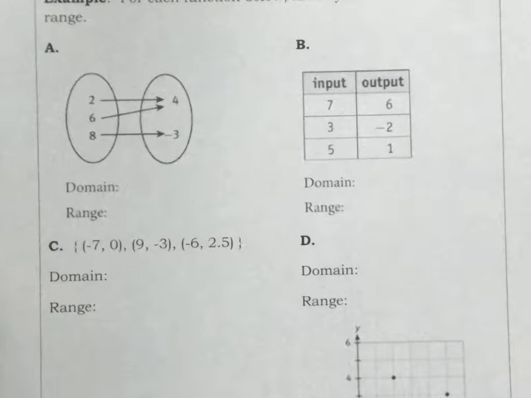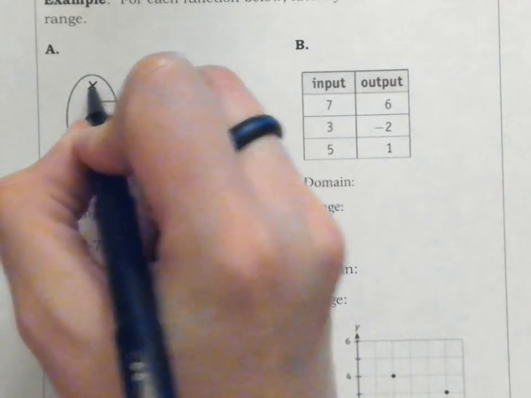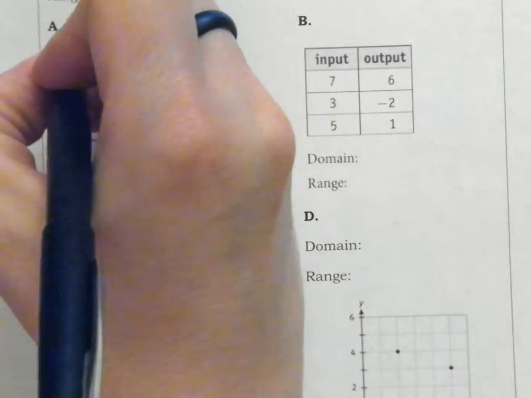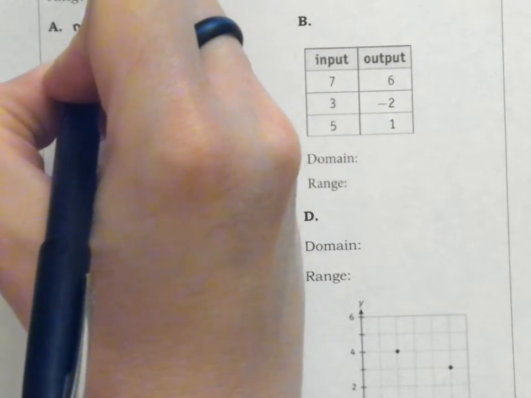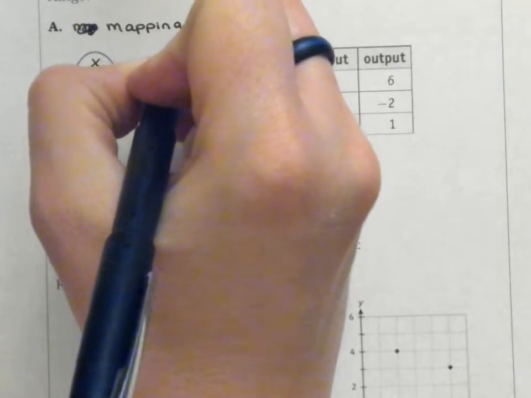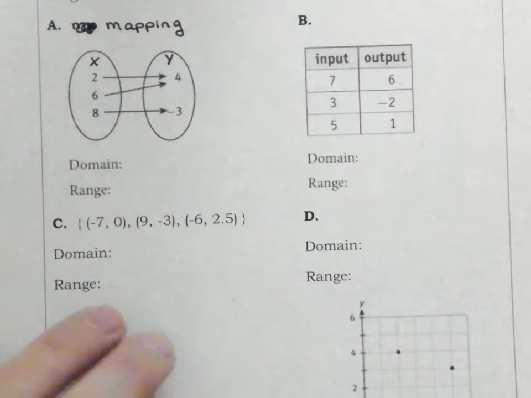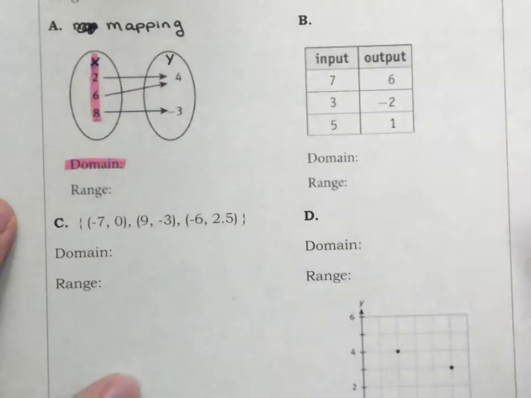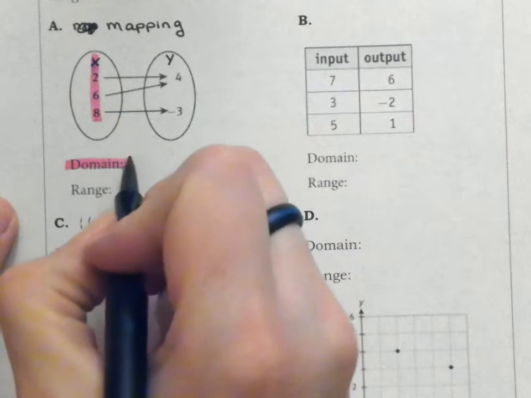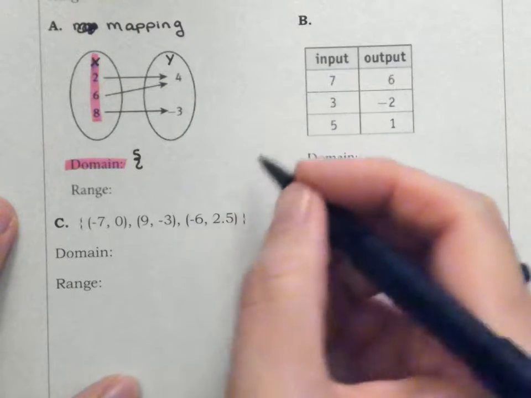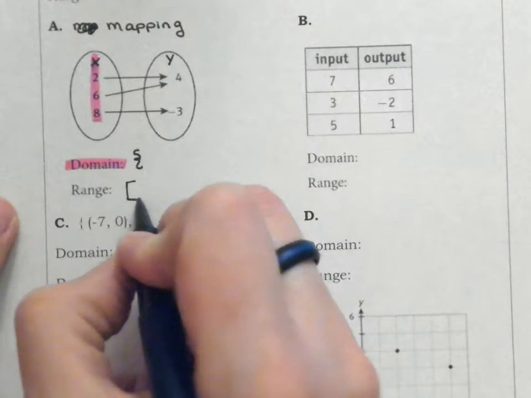So on this first one, I want us to rewrite this as x, or add it to the top. That mapping, okay, so A is a mapping. And the domain is all of your x values. So domain is all of these values here. And we write it as a list. So either do the squiggle brackets, or you can do square brackets.